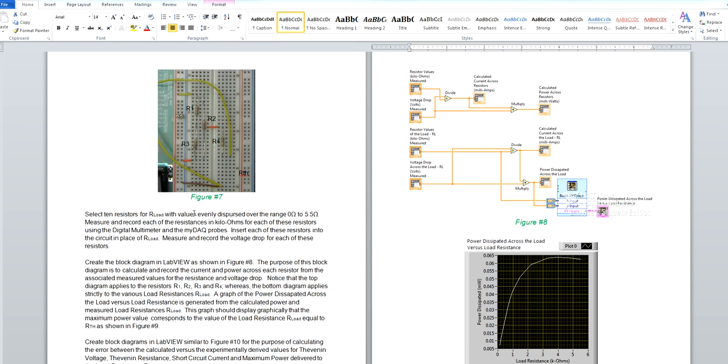We'll record, just as we did earlier with regards to resistors 1, 2, 3, 4 in the initial load resistance, and we're going to use our digital multimeter once again to measure the actual resistance for each one of these resistors that we've selected.